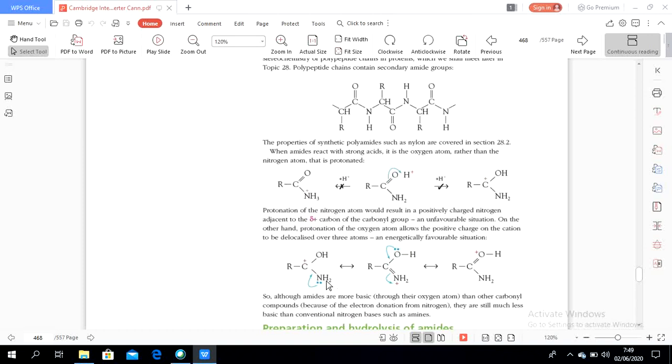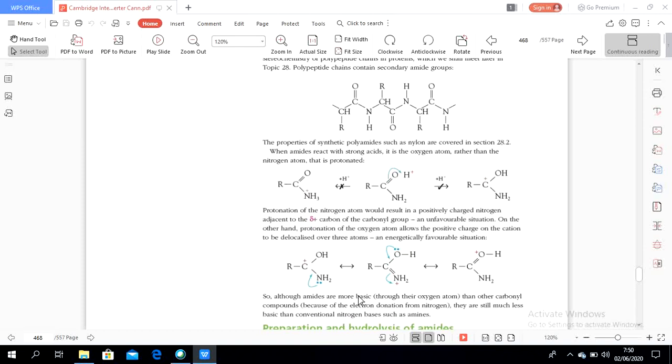So it becomes like this. This is why the positive charge can be on the carbon, on the nitrogen atom, or on the oxygen.